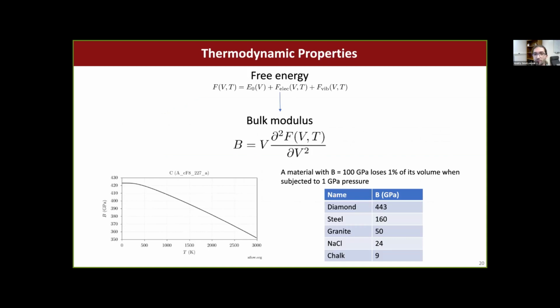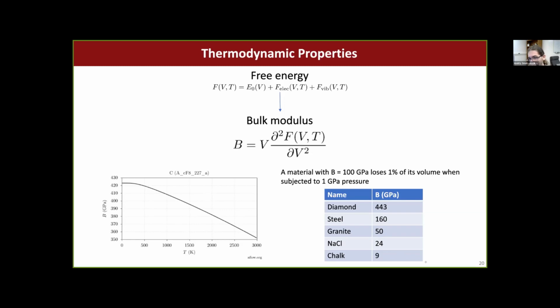And the next property you can get is the bulk modulus, which is the second derivative of free energy with respect to volume. I just want to give you a simple rule of thumb: a material with a bulk modulus of 100 GPa will require 1 GPa pressure to be applied to shrink by 1% of its volume. Here you have a table of some materials with bulk modulus.